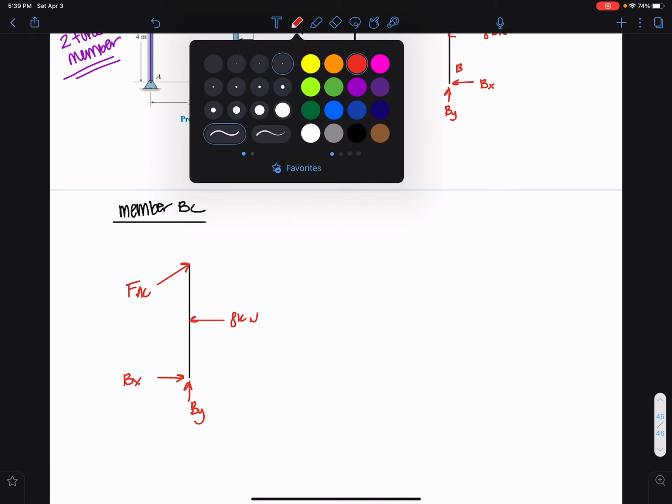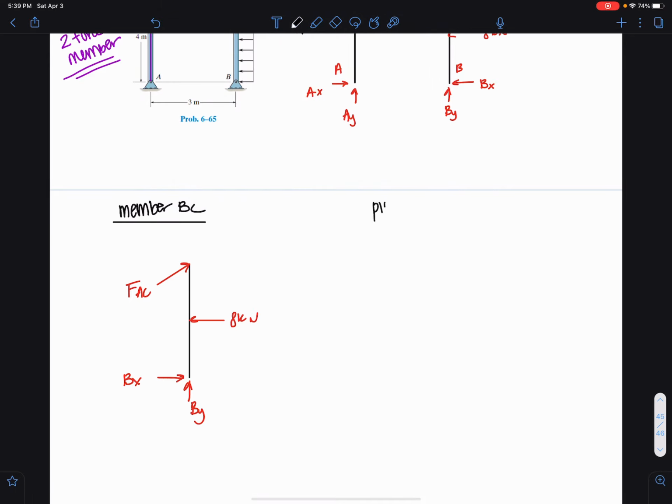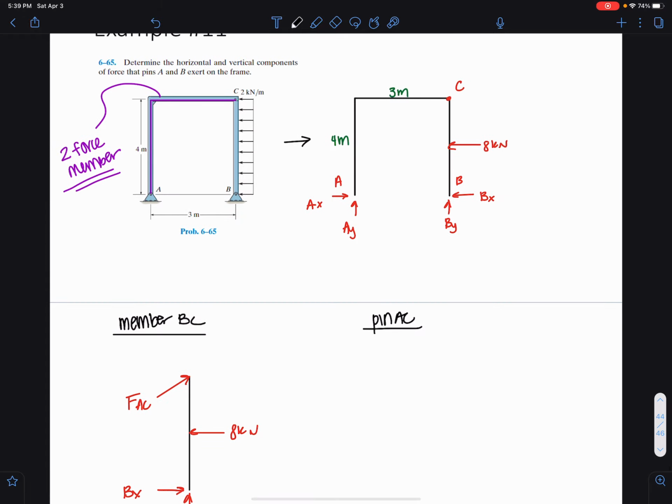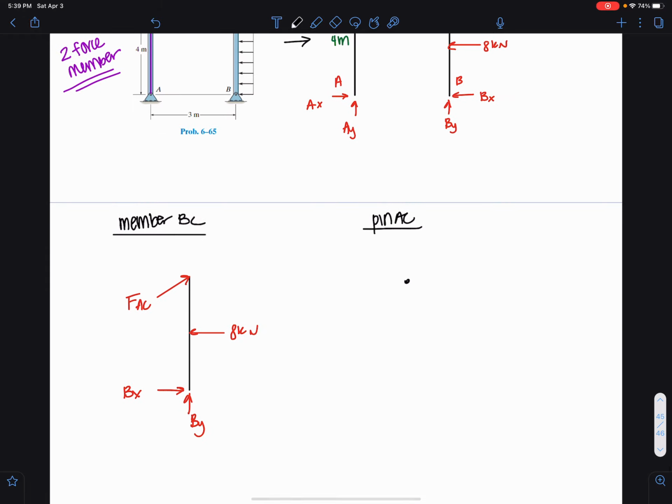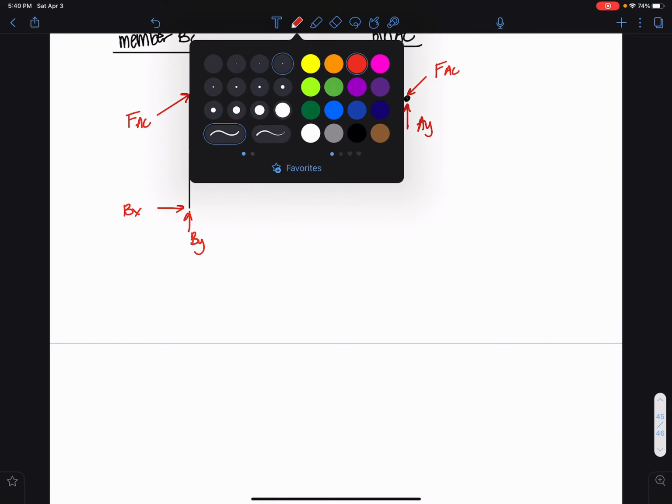But then the pin, if we look at that pin AC, we can see we have that force FAC back on the pin, right? And we also have this AX and AY.